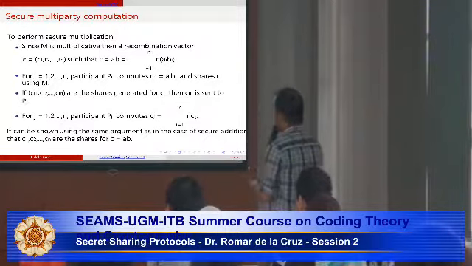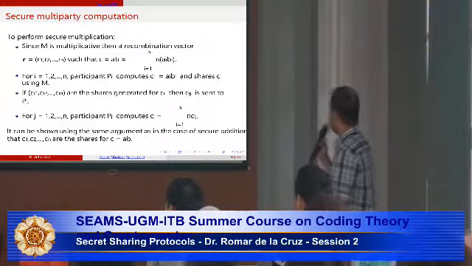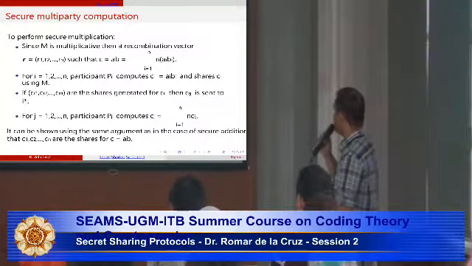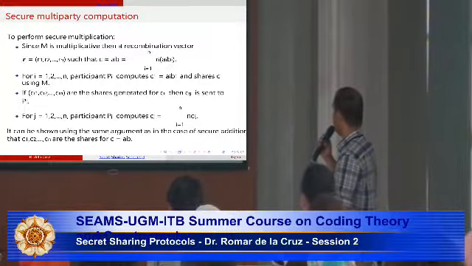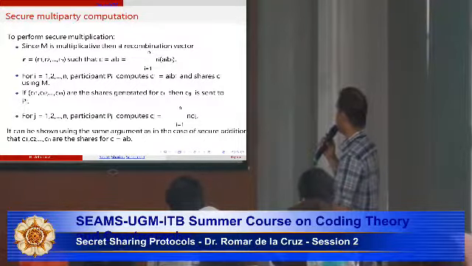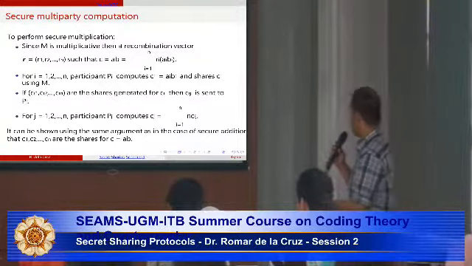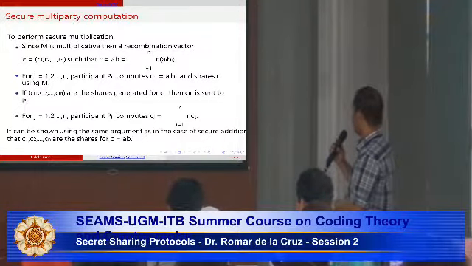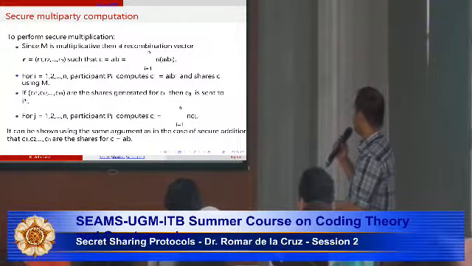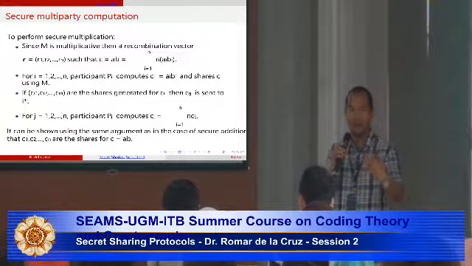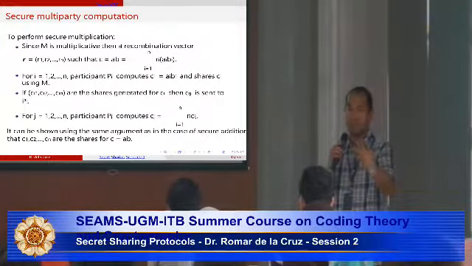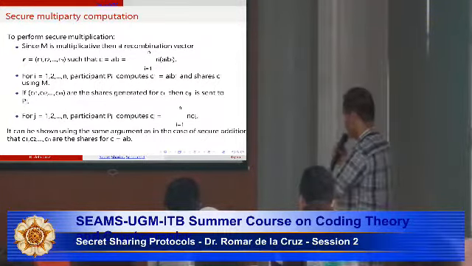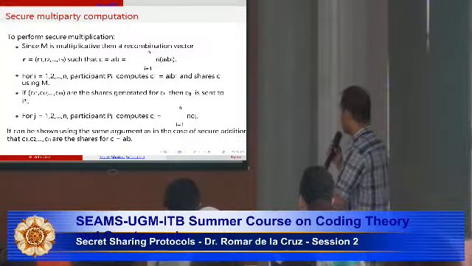To perform secure multiplication, this is the first step. Each participant P sub i computes this quantity. Participant P sub i has A sub i and B sub i, the corresponding shares of A and B, so he can compute this one.